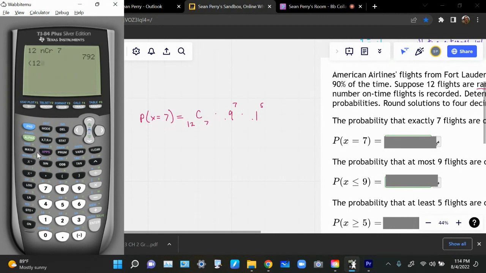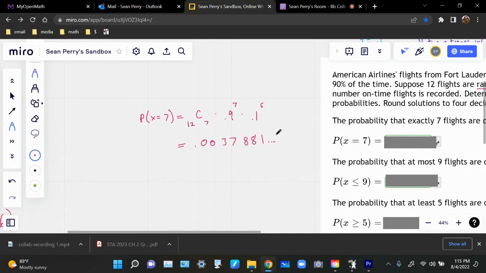Let's put that in parentheses, and then we're going to multiply that by 0.9 to the 7 times 0.1 to the 5, which is 12 minus 7. And rounded appropriately, that's 0.0038.